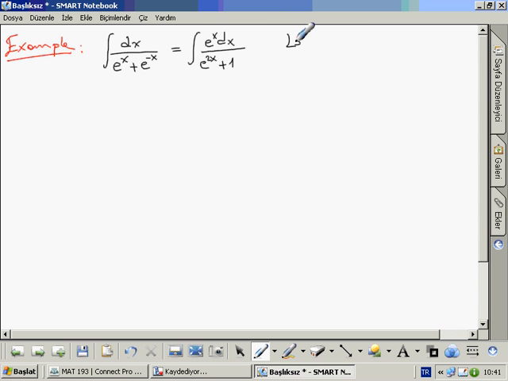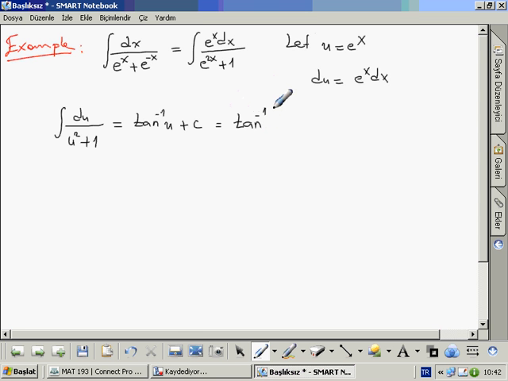Let u equal e to the x substitution, and du will be e to the x dx, right? And after that the integration of du over u square plus 1 equals inverse tangent u plus c, which is equal to inverse tangent e to the x plus integration constant.